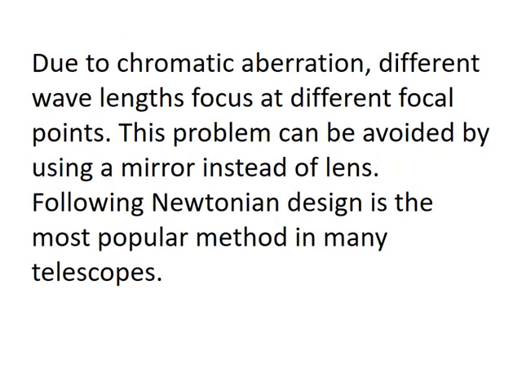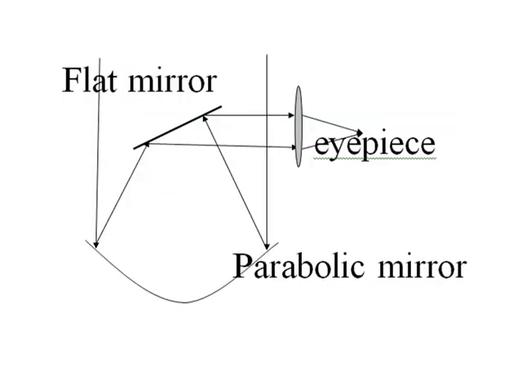Chromatic aberration can be avoided by using a mirror in reflector telescopes. This design is called Newtonian design. Here we use a flat mirror, parabolic mirror, and the eyepiece. Here the eyepiece is a lens.